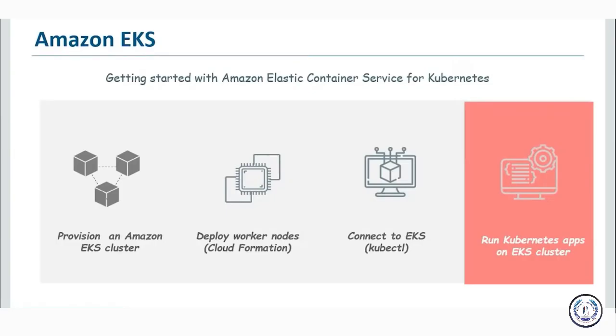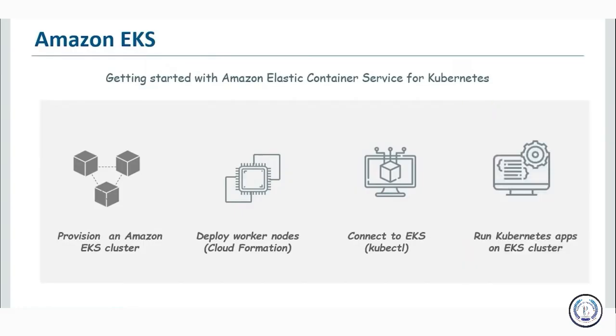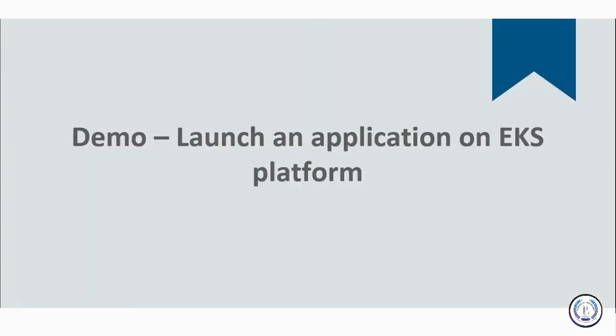So I hope you have noted down the steps. I hope you have understood what Amazon EKS is and what you do with it. Now let's go ahead and see how to create a cluster and how to create worker nodes and attach them to it and how to launch an application. So I'll be launching a simple Nginx application here. So let's get started with the demo.